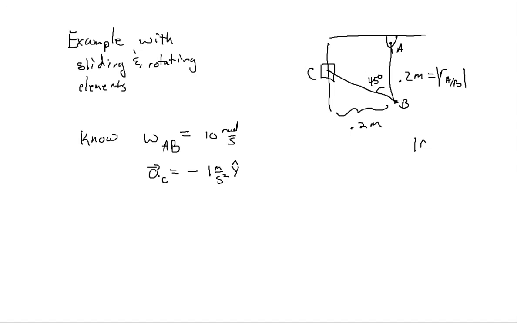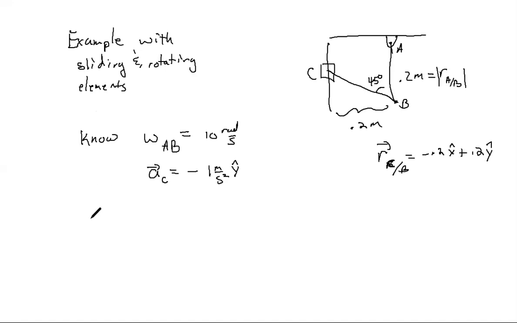The position of C relative to B is simply going to be, you start here, you're going up and to the left, negative 0.2 x hat plus 0.2 y hat. Everything's in meters. All right. So those are the things that we are given.